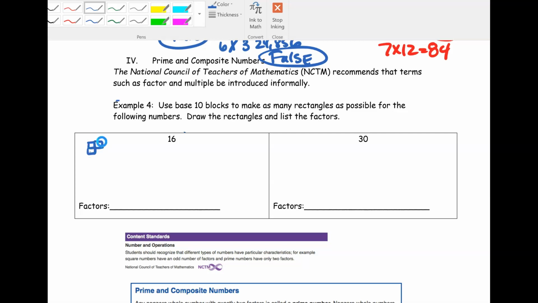If we were doing this in person, you would take 16 blocks, 1, 2, 3, 4, 5, 6, 7, 8, and make a rectangle. So this would be one rectangle. Pretend this is actually straight, so it would look like this.